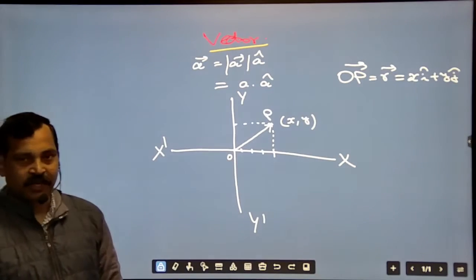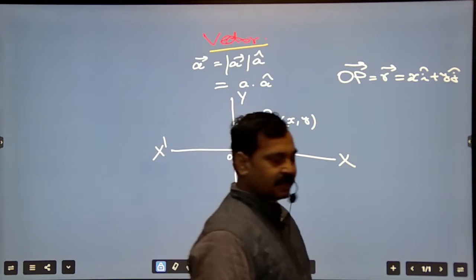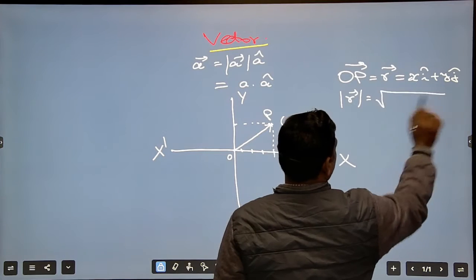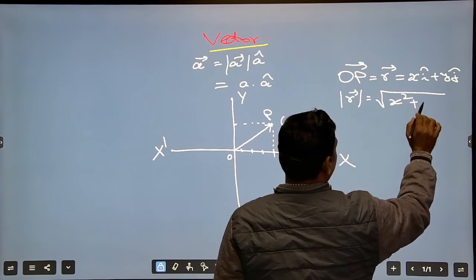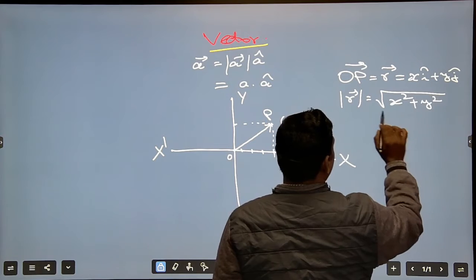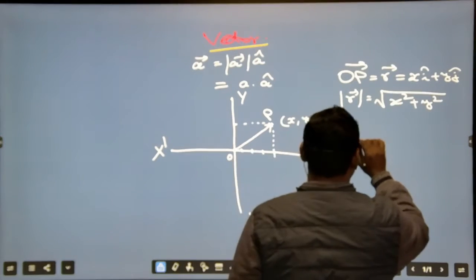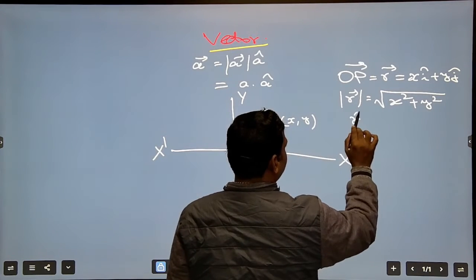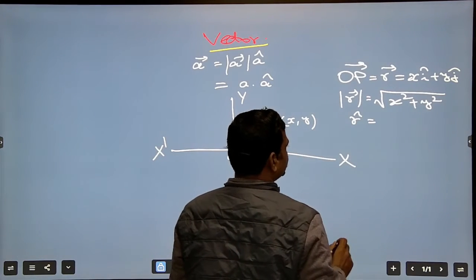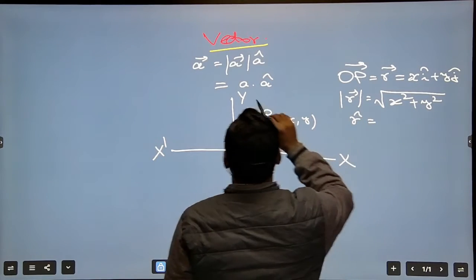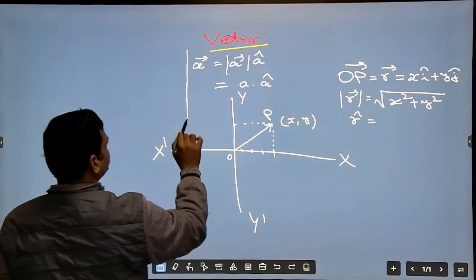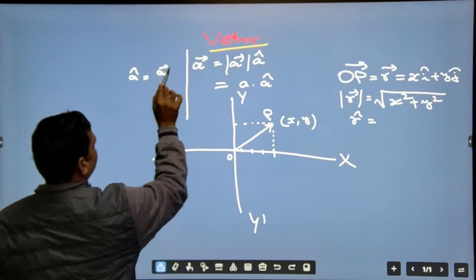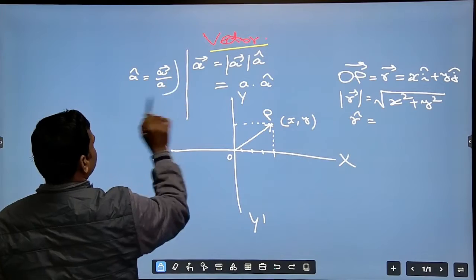So this vector will have magnitude and direction. The magnitude will be the square of the respective components, their sum, then square root. So this is your magnitude. And how to find out the direction? In this case you can observe, unit vector is equal to vector by its magnitude.